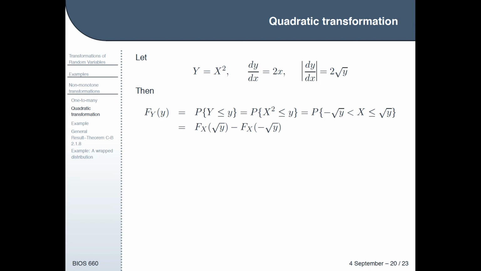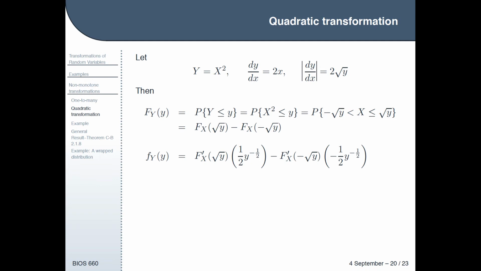So to get the cumulative distribution function for y equals x squared, we just take the cumulative distribution function of the original x evaluated at the square root of y minus the cumulative distribution function evaluated at minus the square root of y.